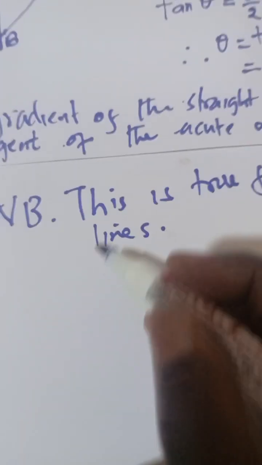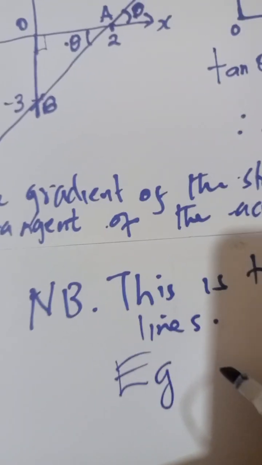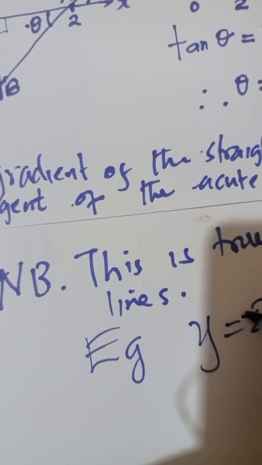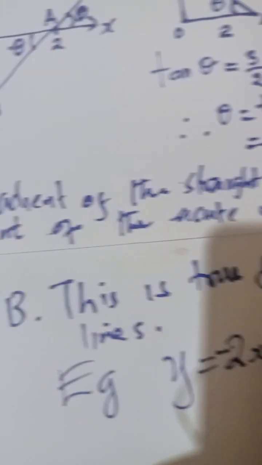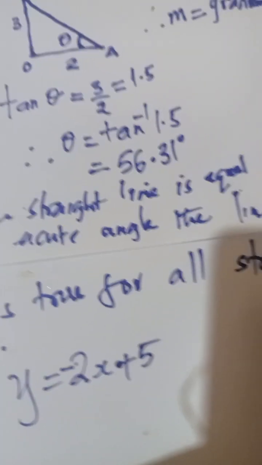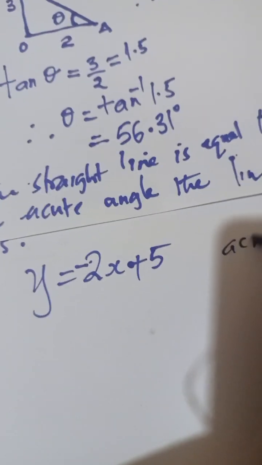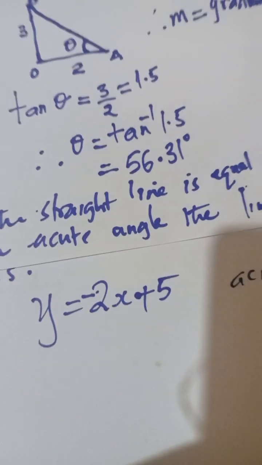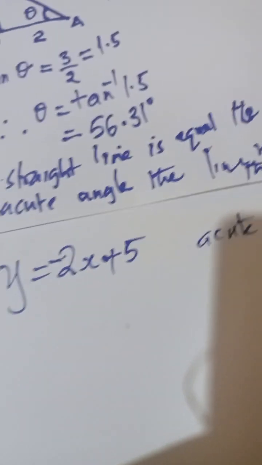So let's look at another example, a unique example in this case. We could be given an equation like y is equal to negative 2x plus say 5, and then you are asked to find the acute angle that line forms or makes with the x-axis.